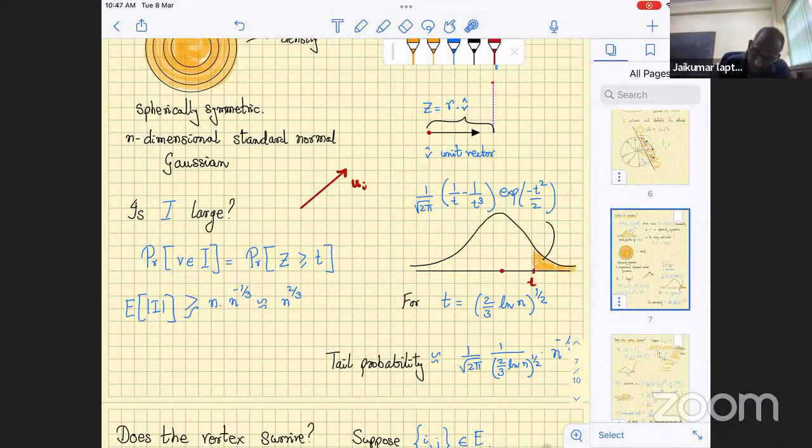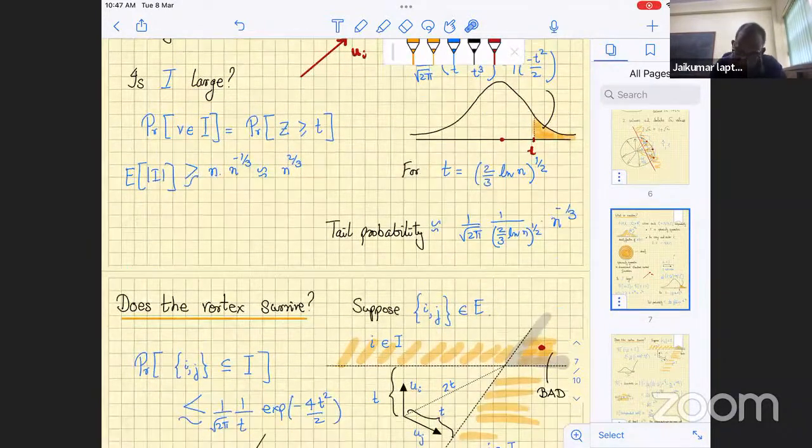So if you plug in for T this value, then this tail probability starts looking like n to the power minus 1/3. Ignore this for the moment. There are some log n factors, which is why I have put approximate signs everywhere. So this tail probability is n to the minus 1/3. So the expected number of vertices that will fall in your independent set will be n times n to the minus 1/3, just by linearity of expectation.